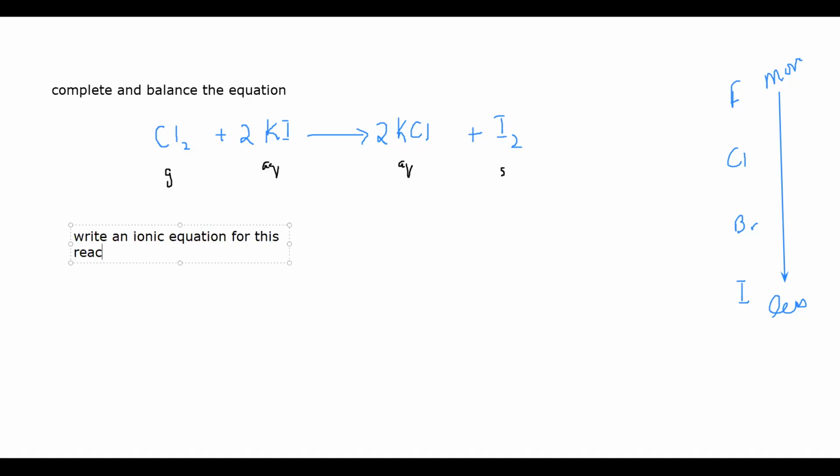So how do I write an ionic equation? To write an ionic equation, I will explain the rule. The first thing, identify solid, liquid, and gas. Write them as they are.